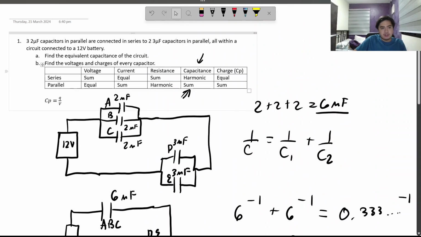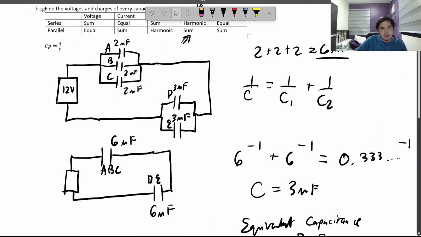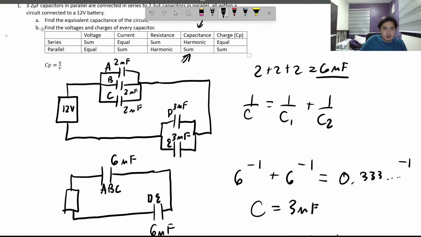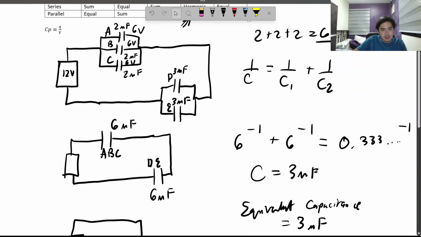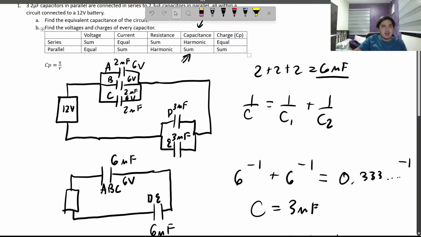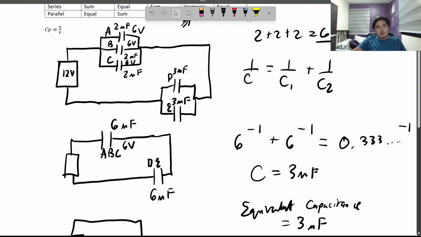They said also that voltage in series are the sum. So, look at here. All this has 6 volts running through it. So that means the equivalent voltage is 6 volts, since voltage in parallel are equal. And then voltage in series are the sum. So this has a total of 12 volts.